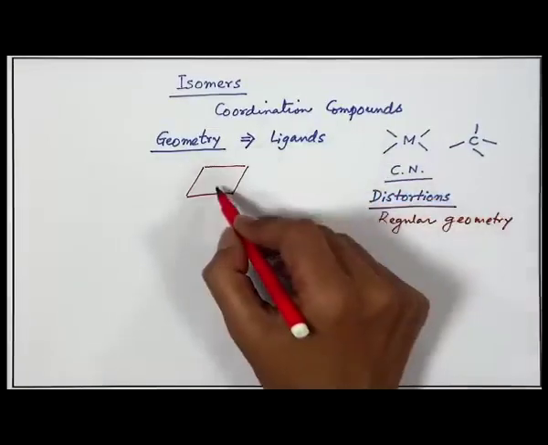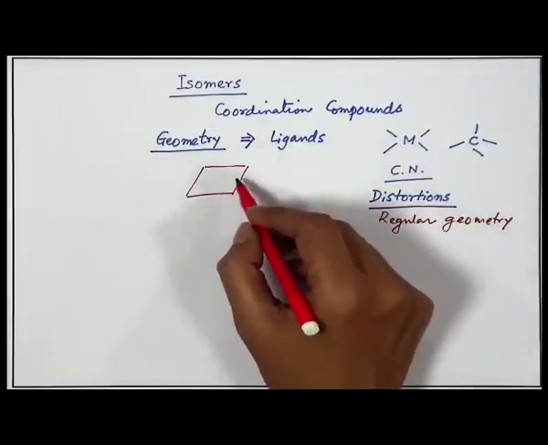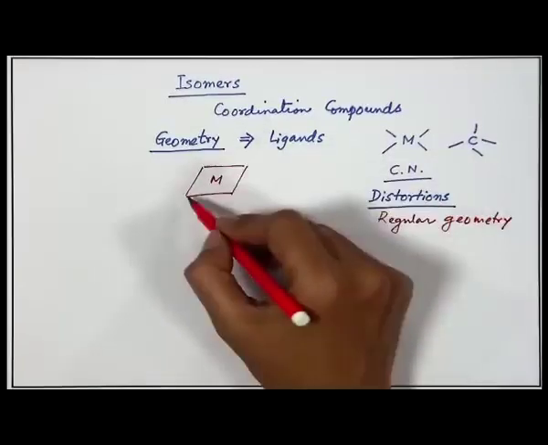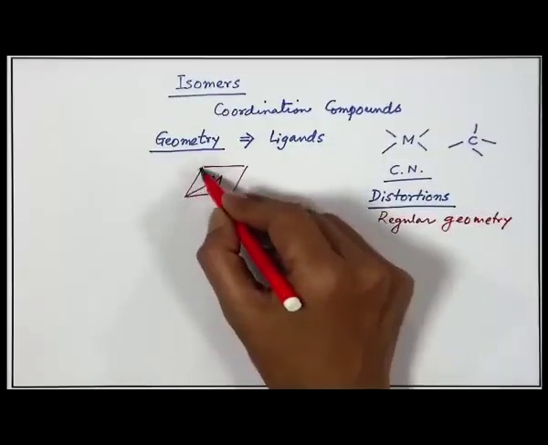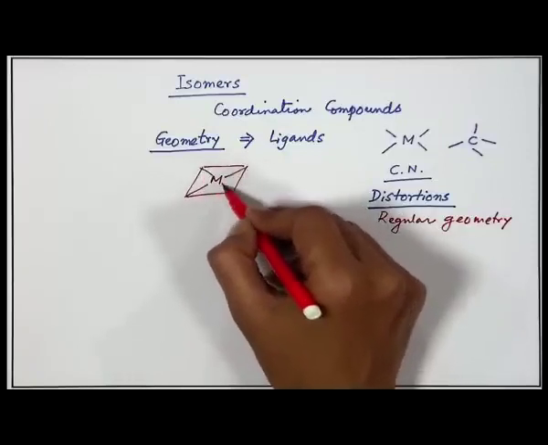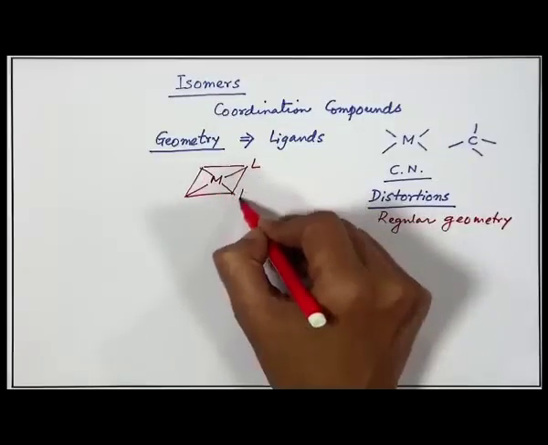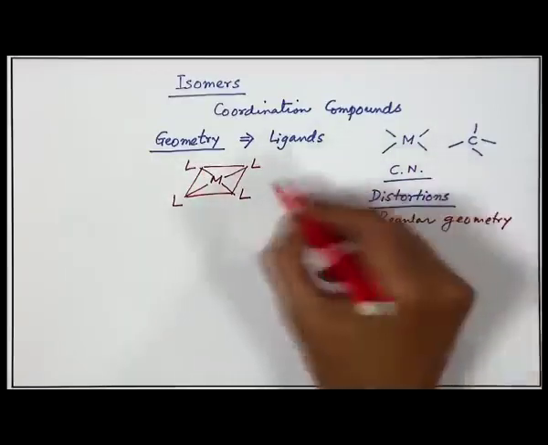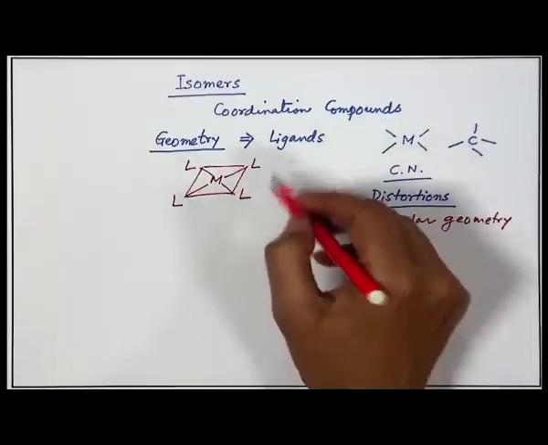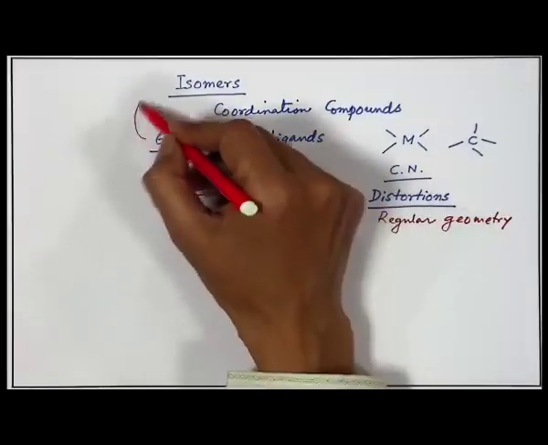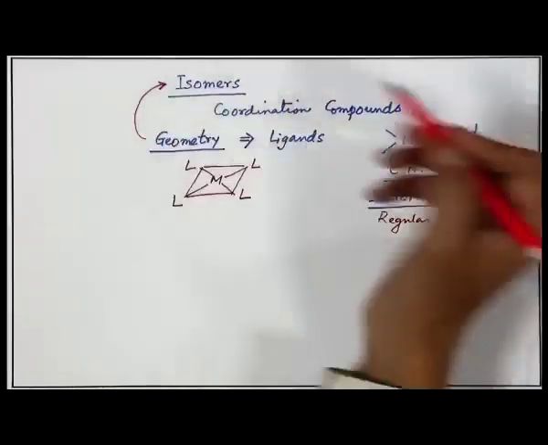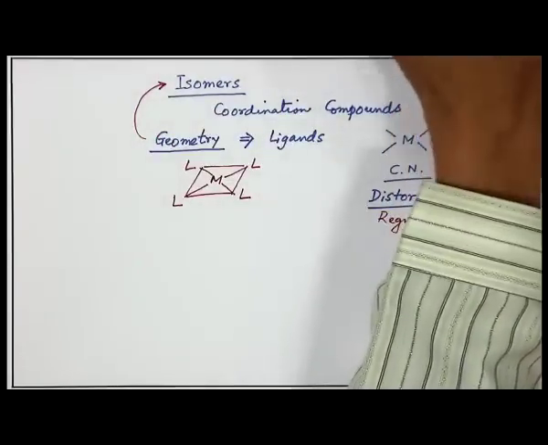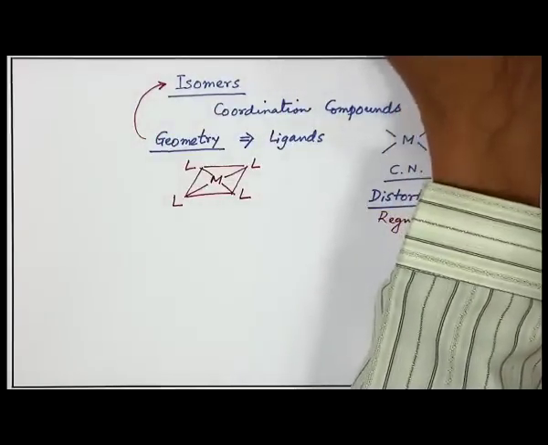The geometry of that particular compound will be square planar, where we have M at the center of the square plane, and then we can have the 4 ligands L, L, L, L. So, the geometry is typically square planar, and what we get related to that geometry is the isomers. So, this is coming to the corresponding geometrical isomerism.